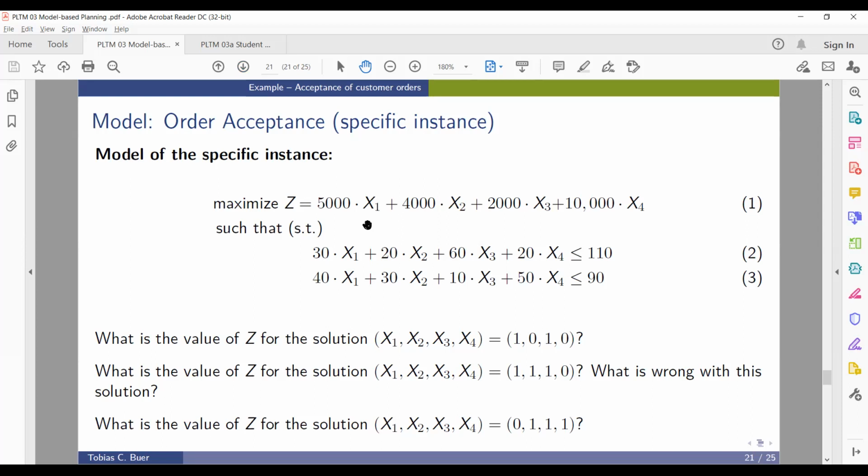Now, what is the value for the total contribution margin for this solution when x1 has the value 1, x2 has the value 0, x3 has the value 1, and x4 has the value 0? What is then the value of that?